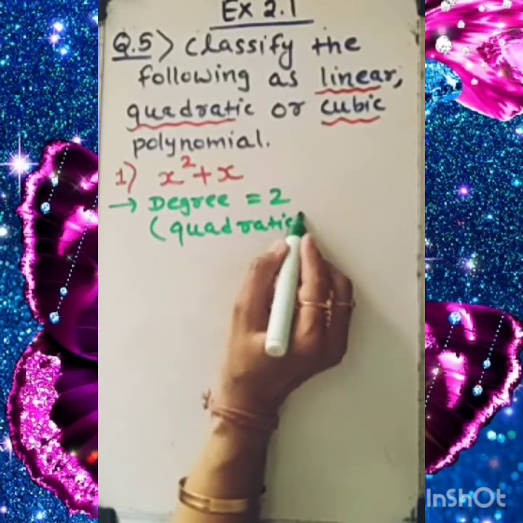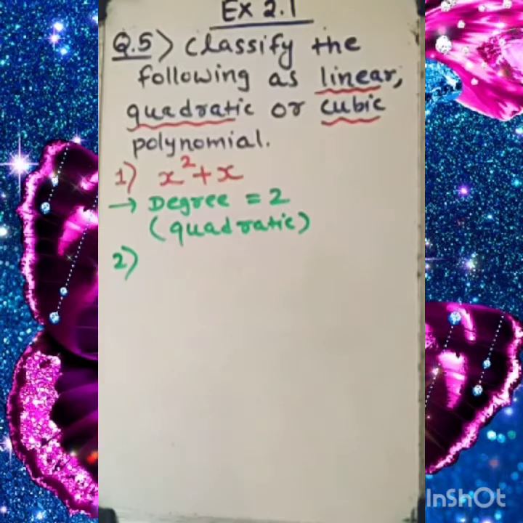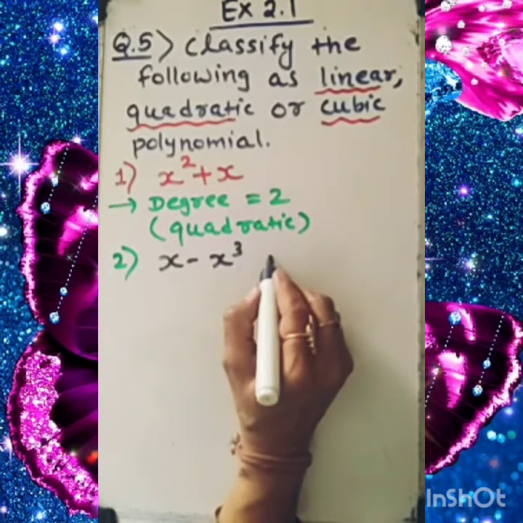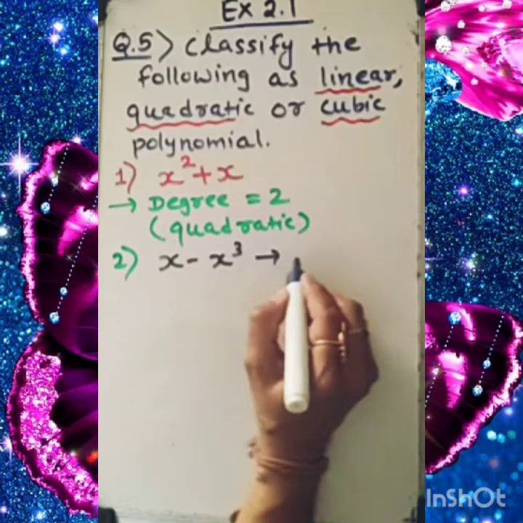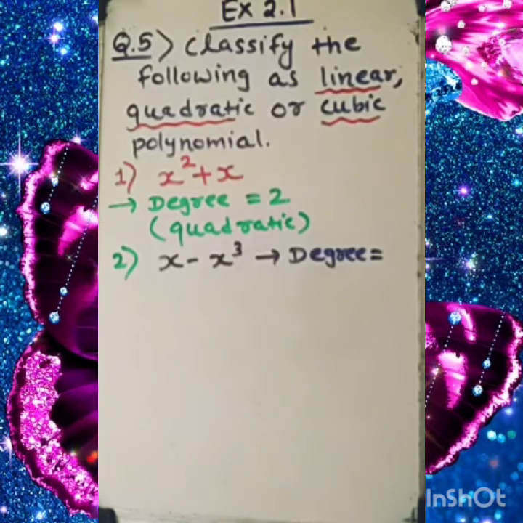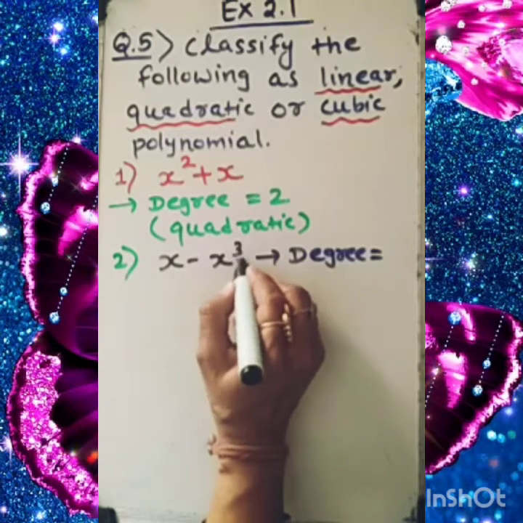First we mention the degree of the given polynomial here. Now the second, x minus x cube. I am mentioning the degree here on the screen. The degree is 3 because the highest power of the variable is 3.